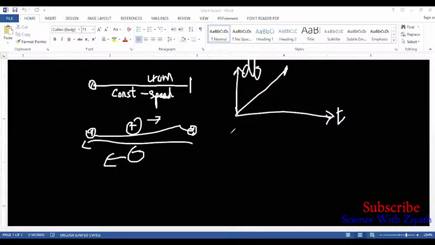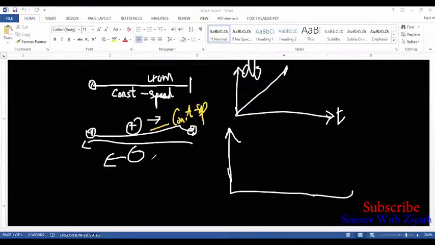How will the graph look? Both are at constant speed, and this is also constant speed.